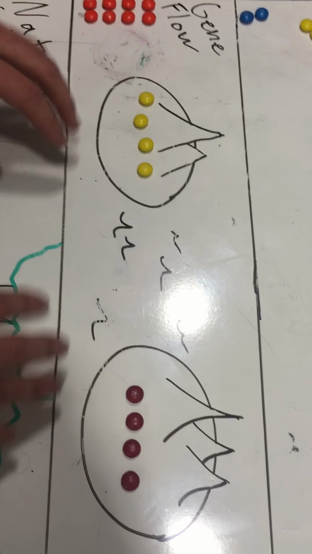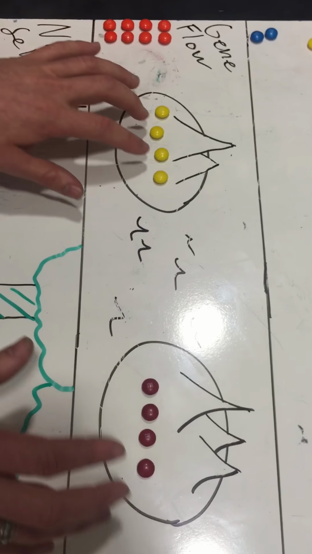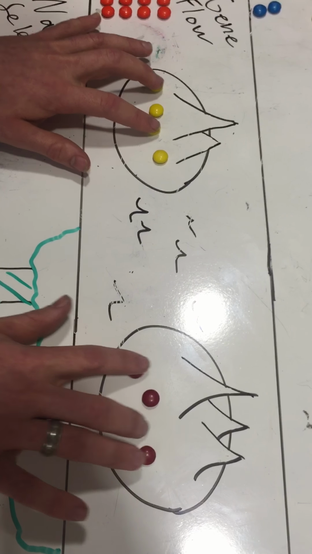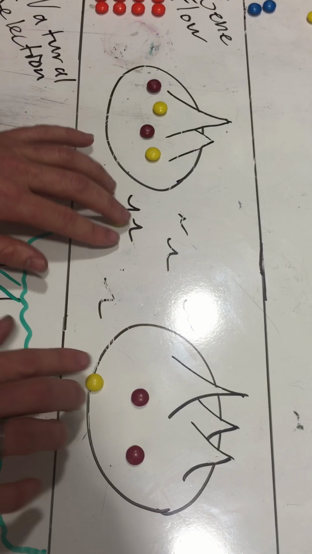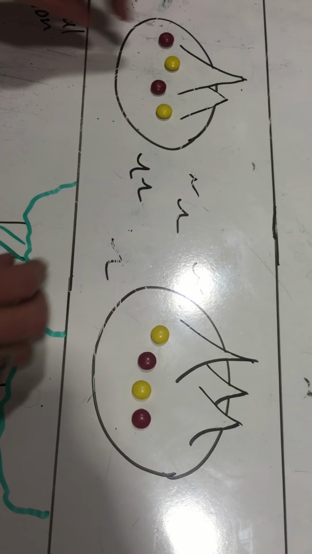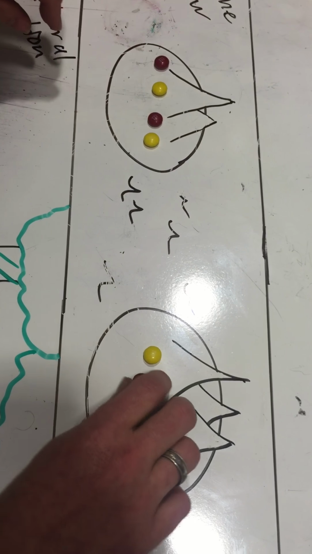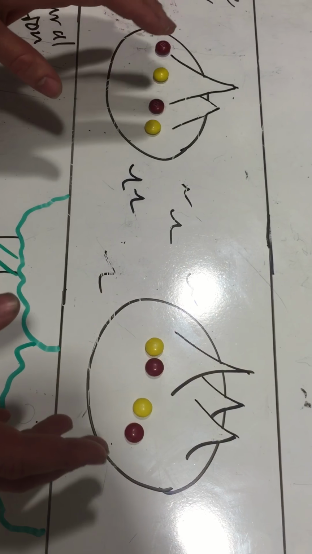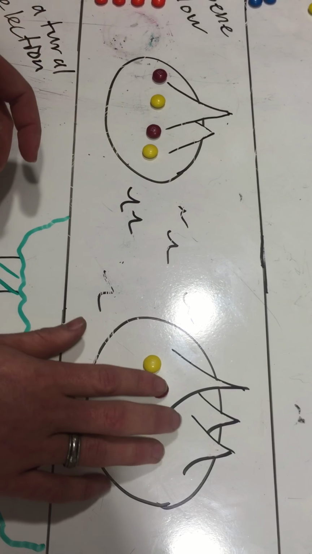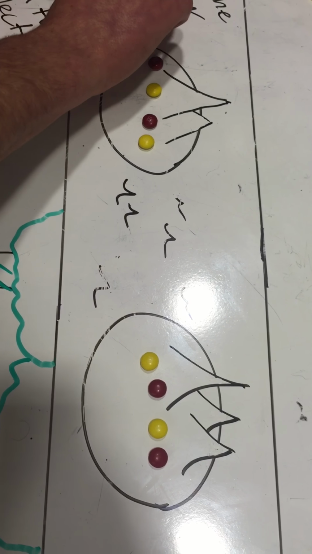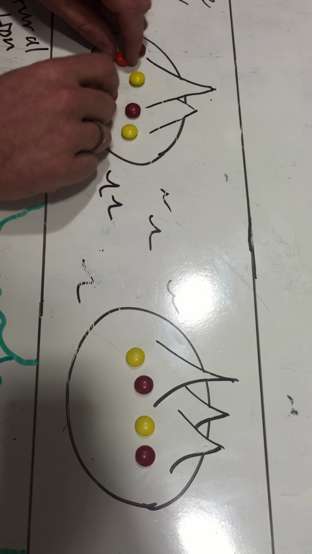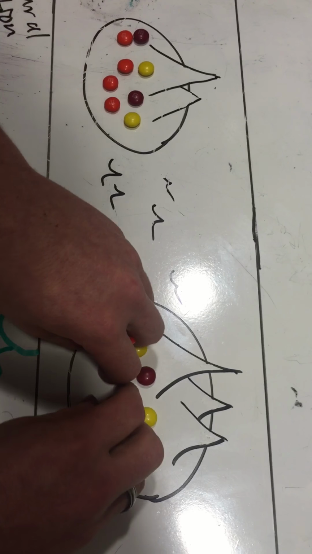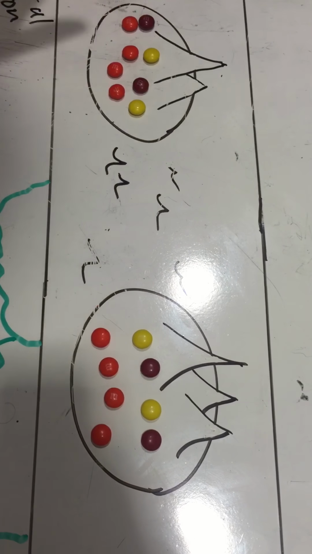So let's say we have flowers on 2 different islands, and wind blows the pollen to each island. Now by doing this, it will create a mix within the population. And so their offspring will be new, and they will have orange offspring within the population.